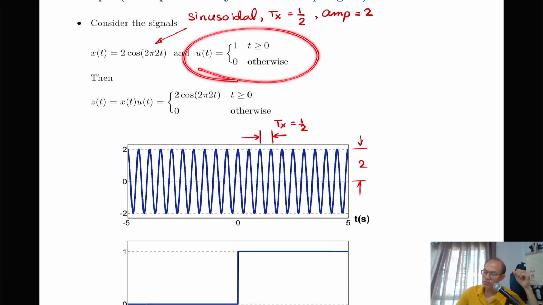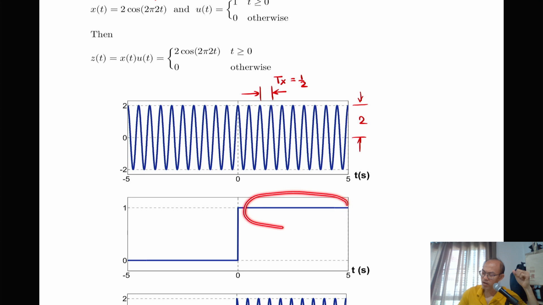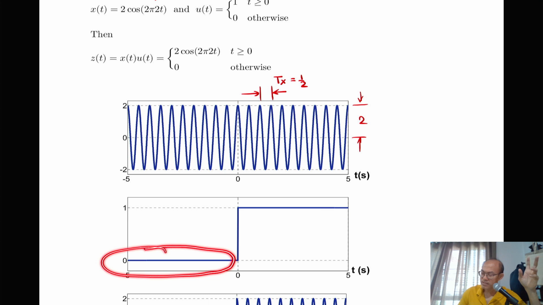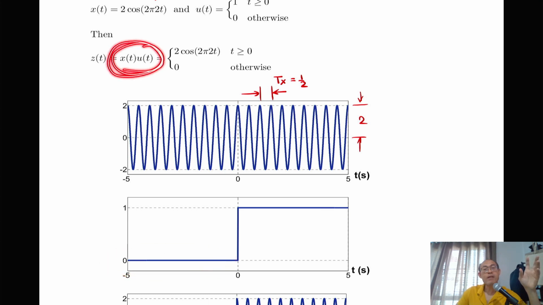Signal u. u is 1 when time is positive, and u is 0 when time is negative. So u is 1 when time is greater than or equal to 0, and u is 0 when time is less than 0. Now we are multiplying them together. So the first subinterval is from 0 down.